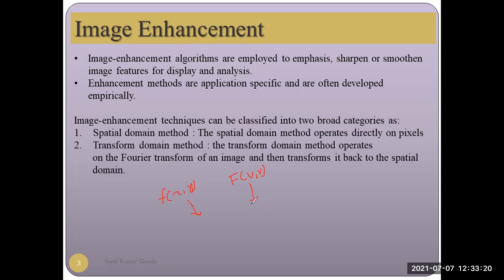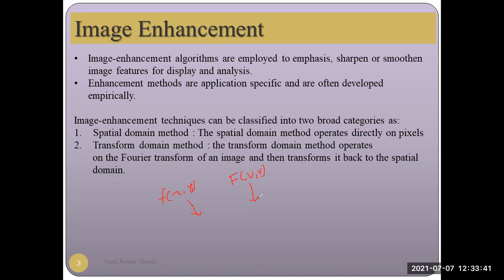Both can be permitted. But if you are performing enhancement in the frequency domain, then we have to convert the result back to the spatial domain by using different inverse transformation methods that we have already discussed.